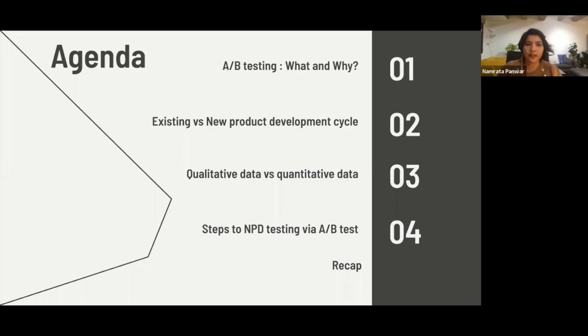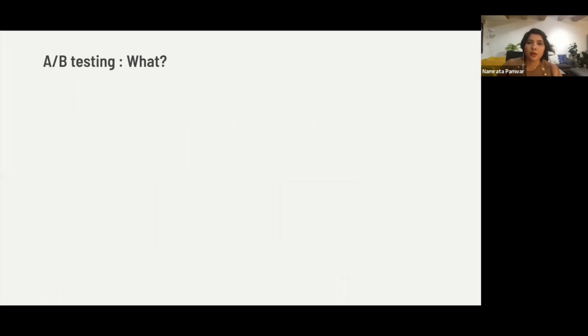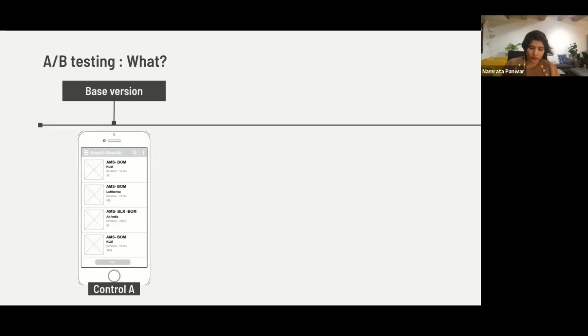Okay, so let's start. What essentially is A/B testing? A/B testing is a tool for teams to run experiments in order to improve and meet their goals and objectives. So I'm going to straight away start with an example. As you can see here, there is a base version of a flight engine's search results.